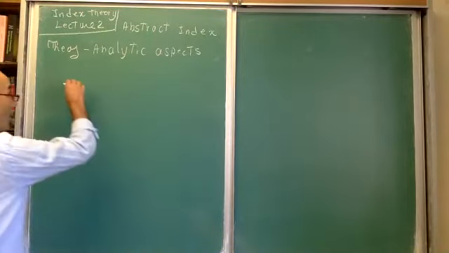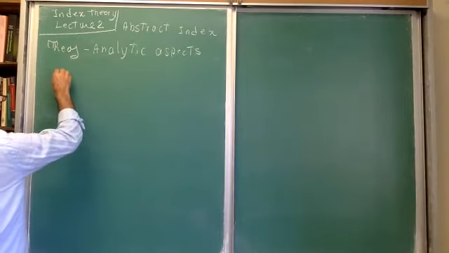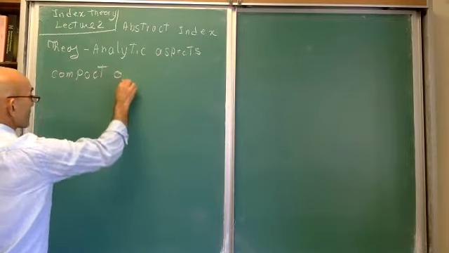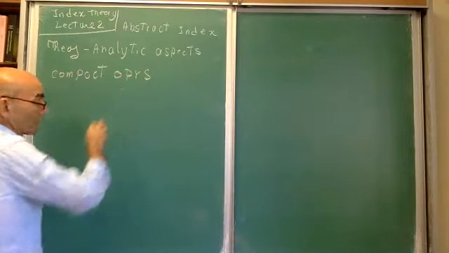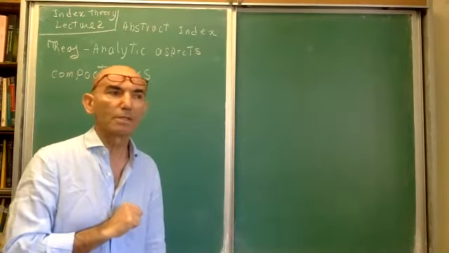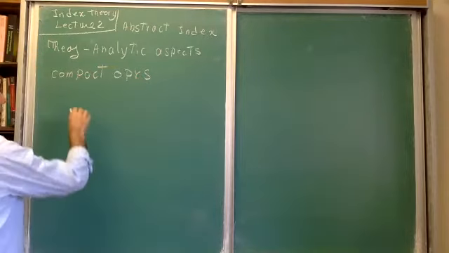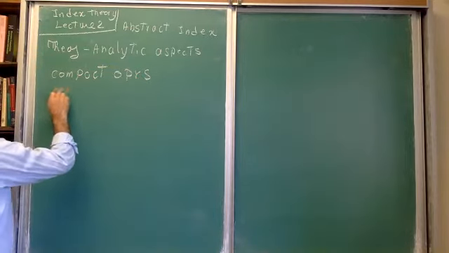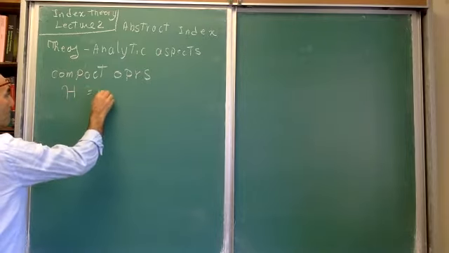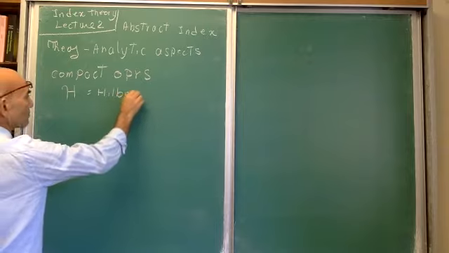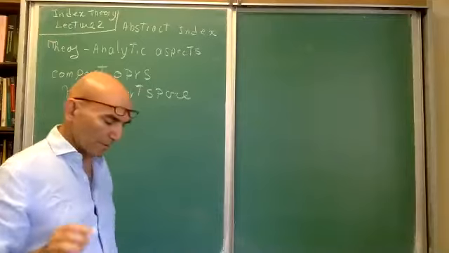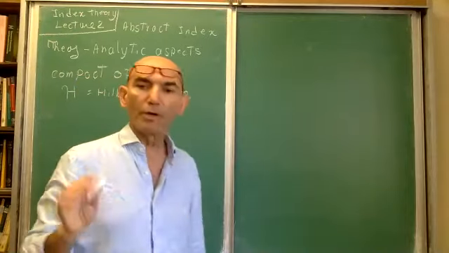Okay, so the best now is to start with compact operators. These are analytic analogs of the finite rank operators that we discussed last week. My notation: H always denotes a Hilbert space. My Hilbert spaces are going to be over complex numbers.